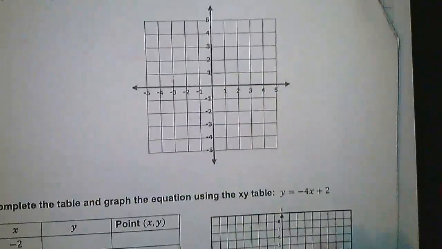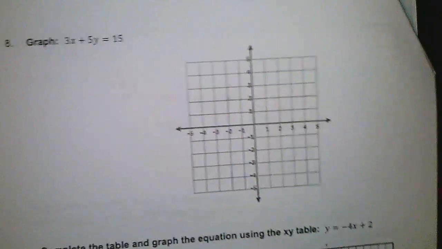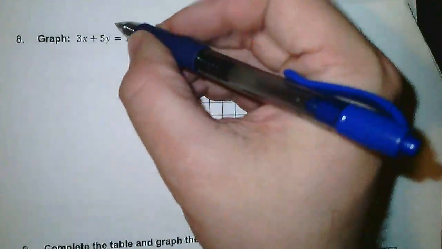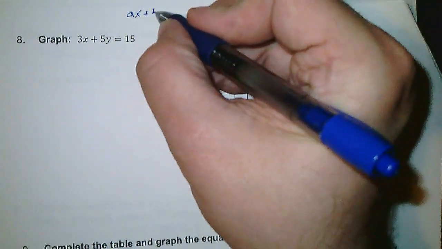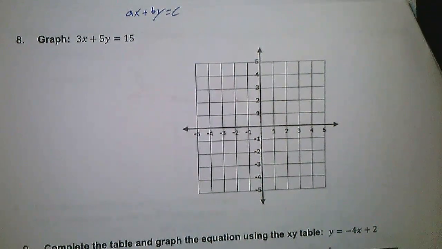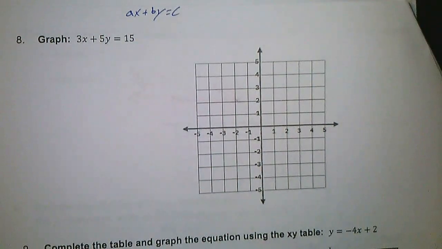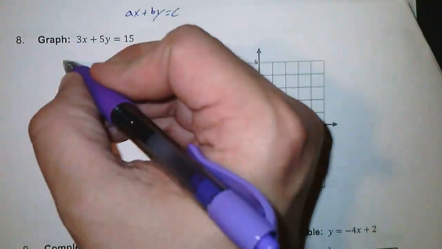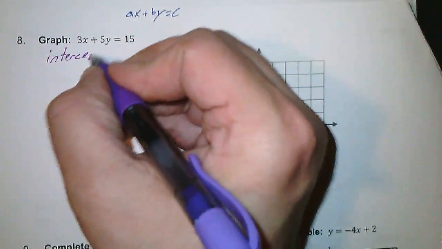So number 8 here. This is called standard form. Ax plus By equals C. Basically, the variables are on the left, the constant is on the right. It's very easy to graph using the intercept method here.